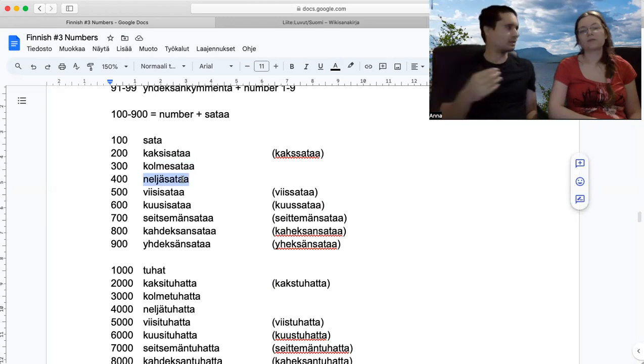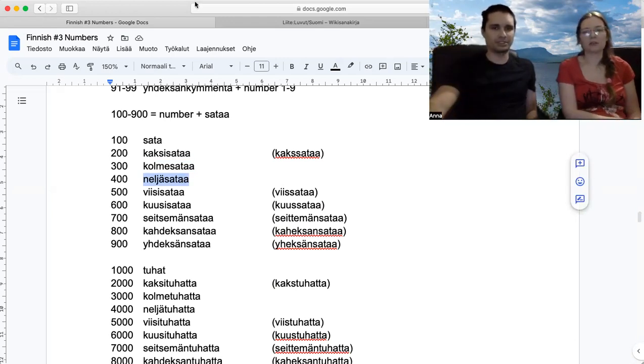It's the same, there is a short version, but for 400 there's no colloquial. It's the same, because you cannot make it shorter. Also 500.